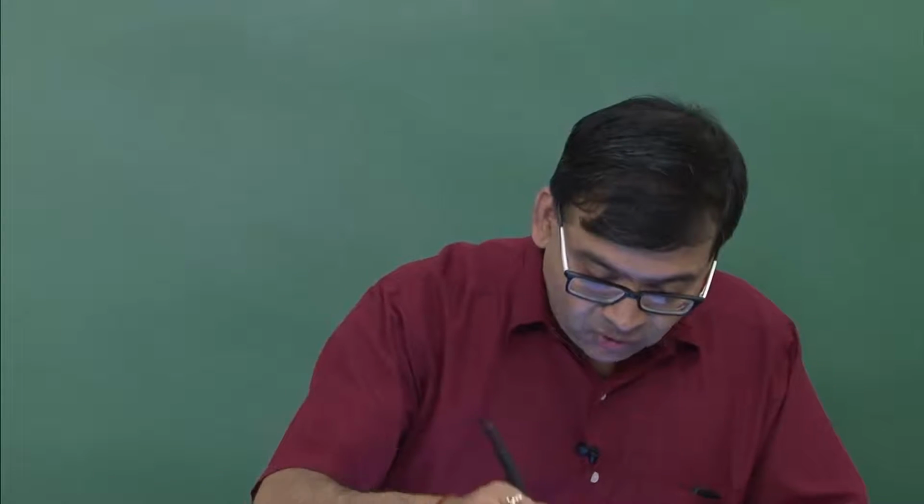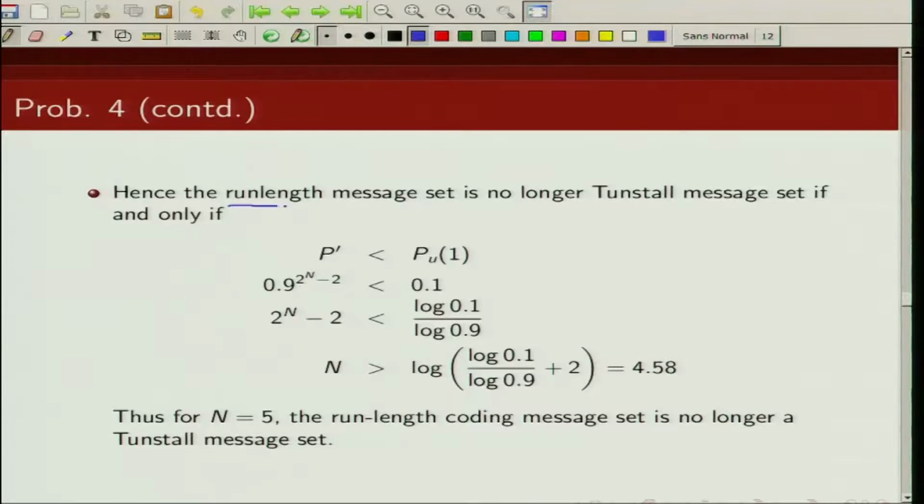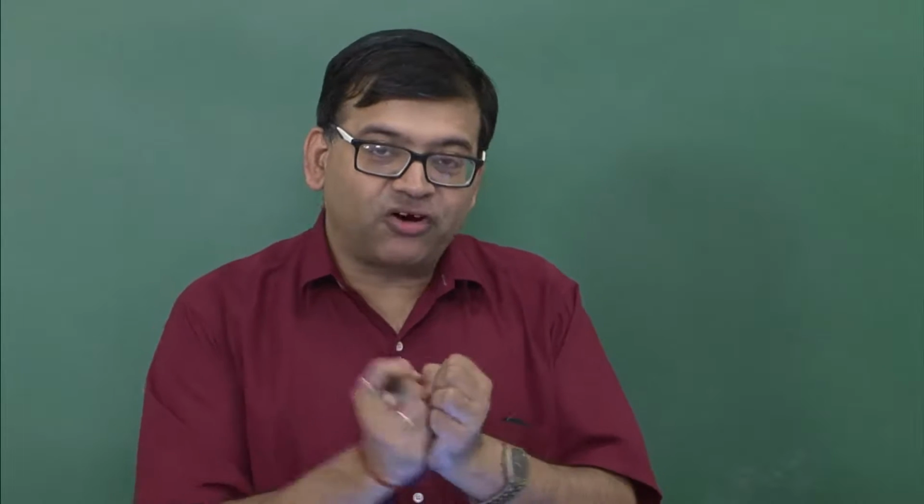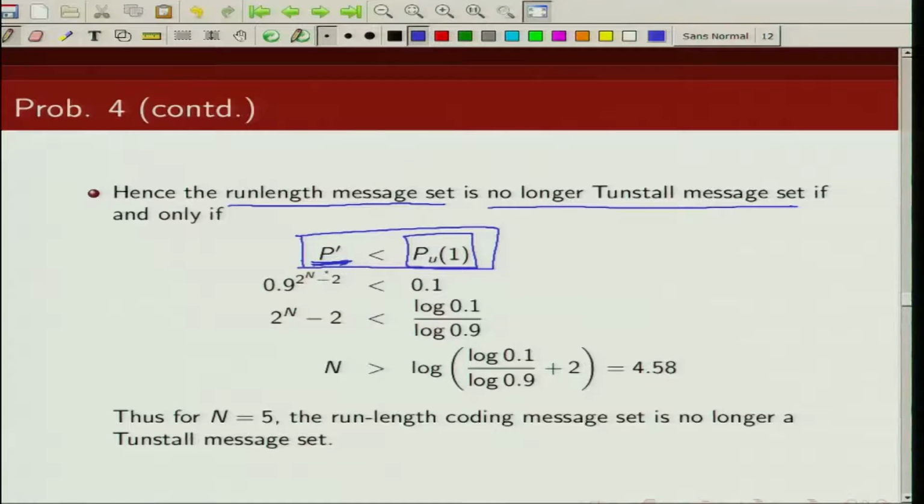So the run-length message set is no longer going to be a Tunstall message set if this intermediate probability becomes less than the probability of U equal to 1, because then according to Tunstall's lemma we should have extended the node or leaf corresponding to U equal to 1.